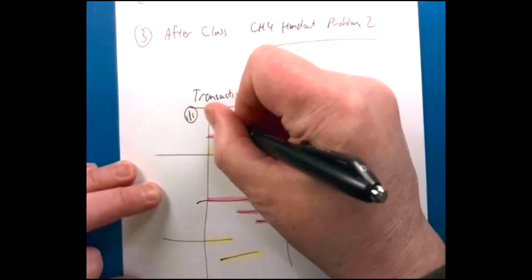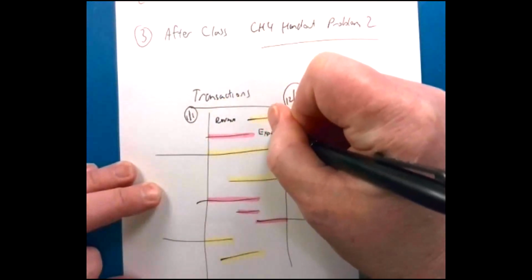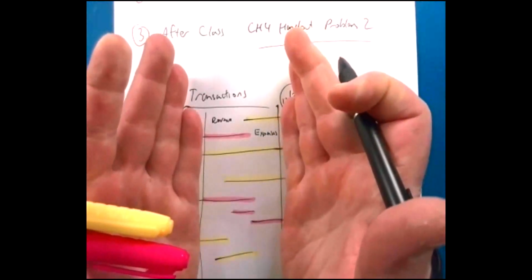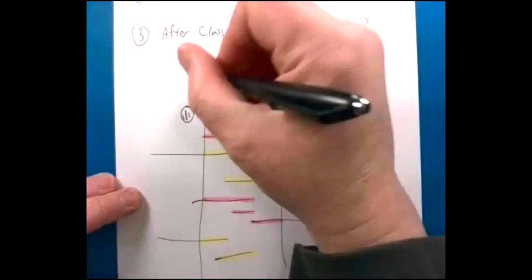I'll say this is revenues. These are expenses. So I'll say the yellow are revenue. So if we're trying to get these all in the correct period, that's really all we're doing with adjusting entries.